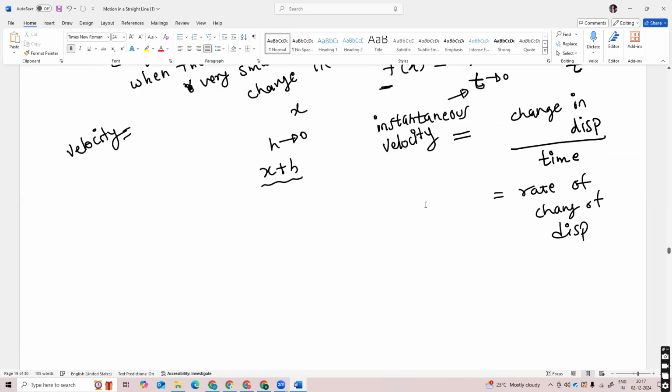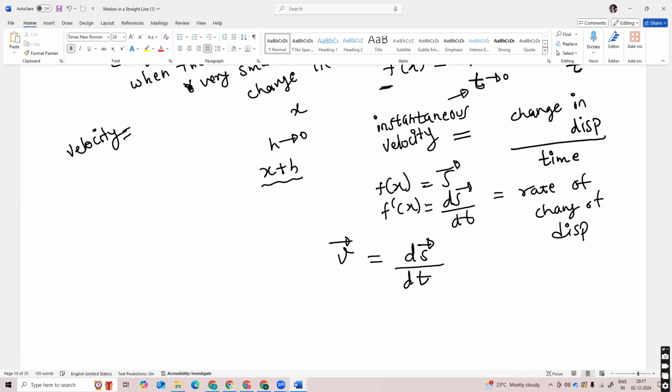Velocity is generally given as v, and since it is a vector, we write it as a vector v. Since f of x is s, we can write its derivative, f dash of x, as ds by dt. Therefore the velocity is basically the differentiation of displacement.